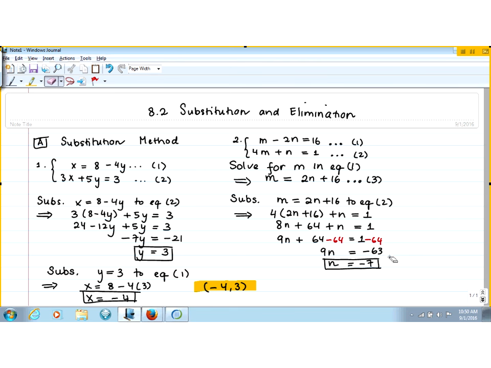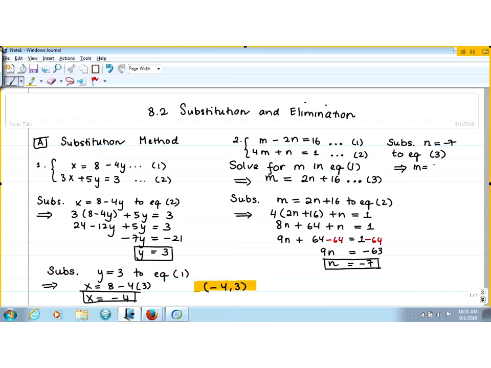Okay. So here I'm going to erase this part because I don't want to write it. So I erase both sides. Now, let's solve for m. So substitute n equals negative 7 into which equation? 3. That's the easiest one. Yes. Can I do it in equation 1 and 2? Of course. But doing it in the easiest one is easier.